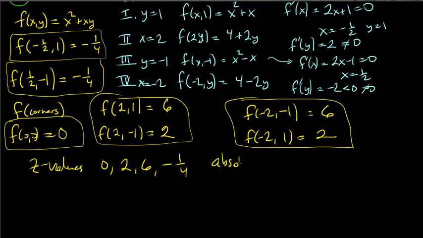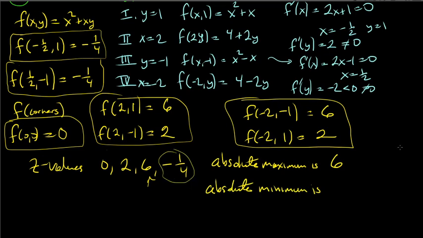So the absolute maximum, well, I hope you know which number is biggest. All right, that would be the 6. 6 is the absolute maximum. And the absolute minimum, that better be the only one that's negative, the negative 1/4, right? So negative 1/4 is the absolute minimum.